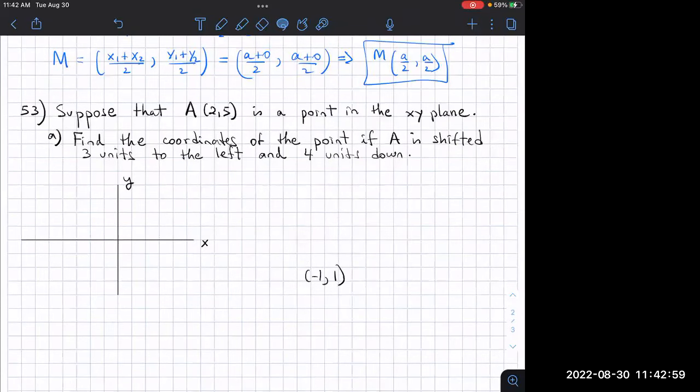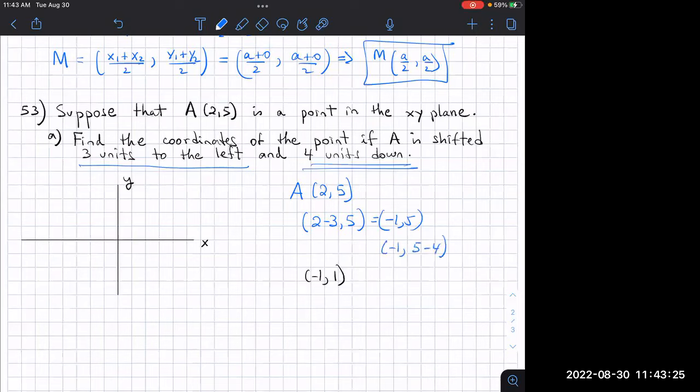Okay, so you started with A with coordinates (2, 5). And since we're shifting 3 units to the left, you're saying now my coordinates are 2 minus 3 comma 5, right? Yes. So then negative 1, 5. And then 4 units down, that means 5 minus 4, and that's going to be 1. Very good.